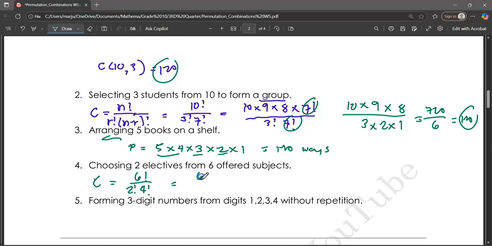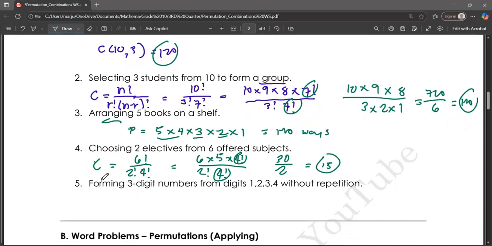So 6 times 5 times 4 factorial over 2 factorial times 4 factorial. This one will be cancelled, so you are left with 30. What is 2 factorial? That is just 2. So this is 15. There will be 15 ways to choose 2 electives from 6 offered subjects.